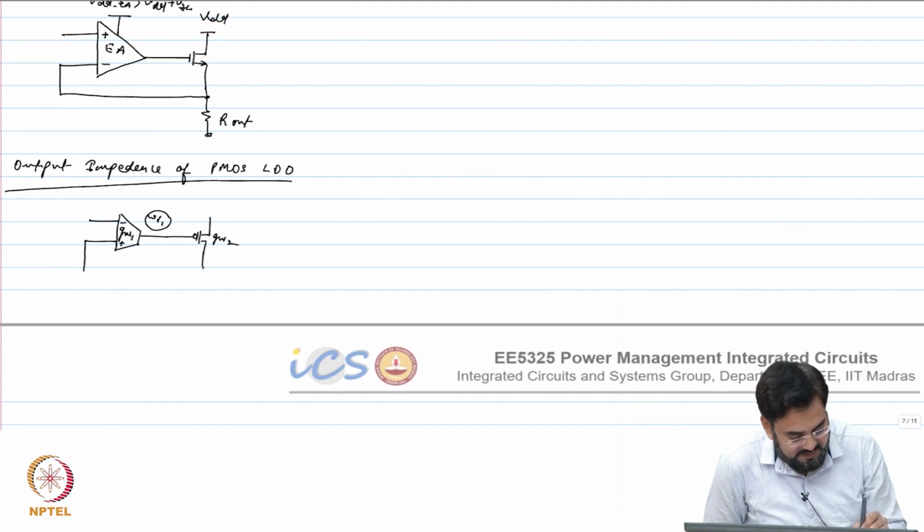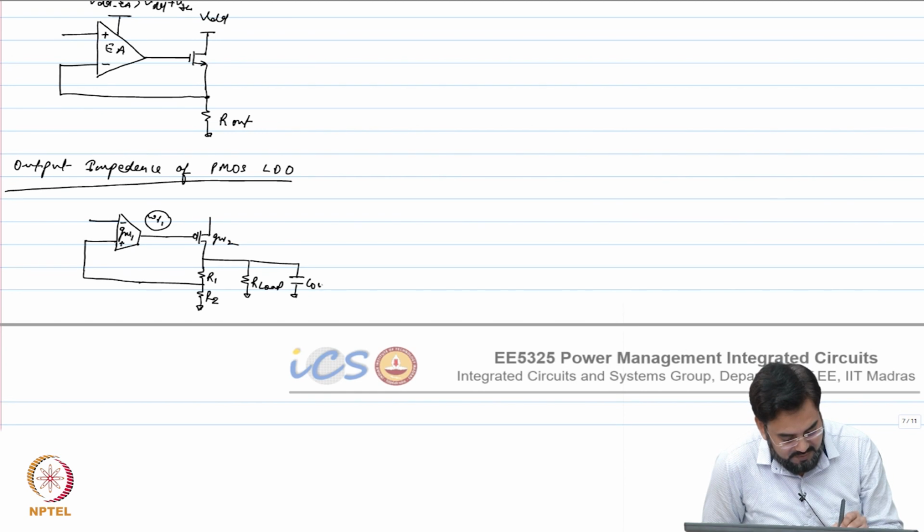Let's have a beta factor, R1, R2, and R load, and C out.